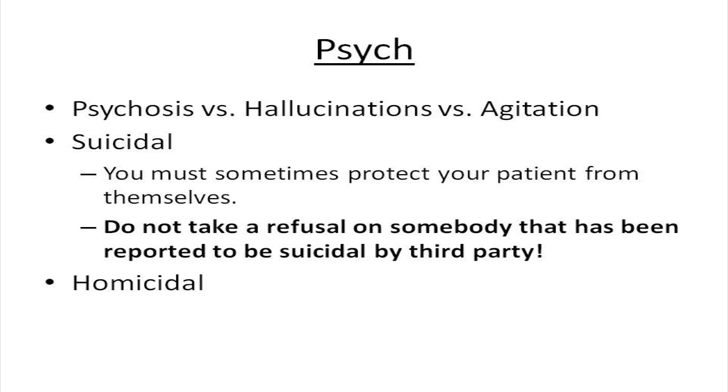So if you have a family member that's telling you, "I think my family member took an overdose or might be suicidal," we should not then be talking to this patient and trying to figure out whether or not we believe the family member. I think the better part of valor in these situations is to simply take the patient to the emergency room, allow a physician who has the benefit of time and a controlled environment and laboratory tests, etc., to help make that determination.